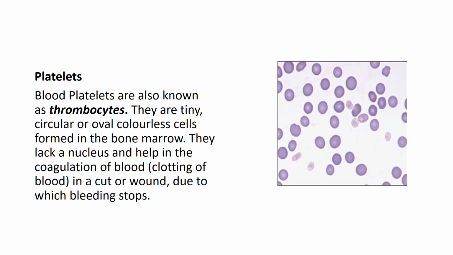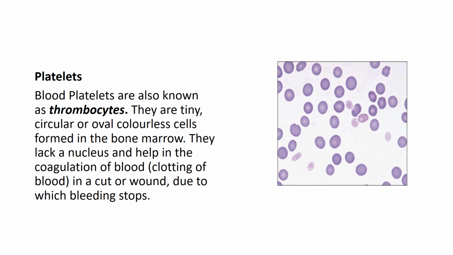Blood platelets, also known as thrombocytes, are very tiny, circular or oval, colorless cells, and these are formed in bone marrow. They lack a nucleus and help in coagulation of the blood in a cut or wound, due to which bleeding stops.